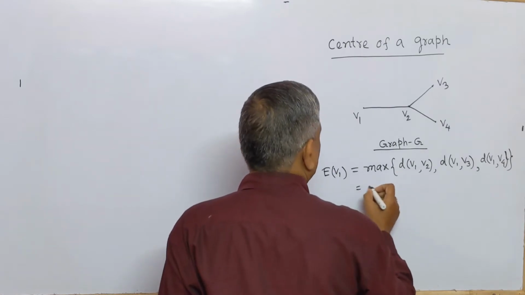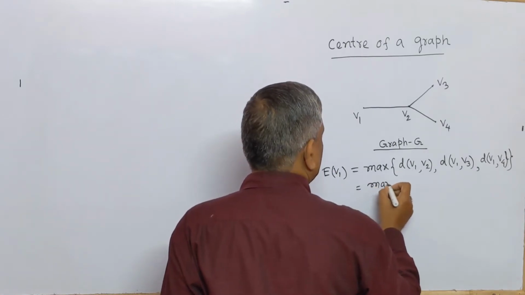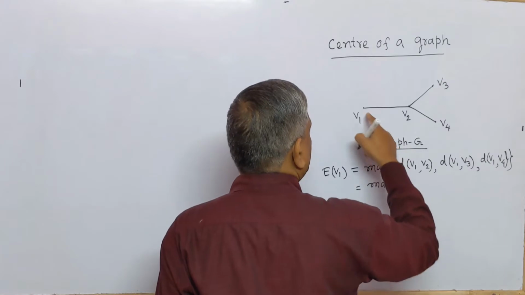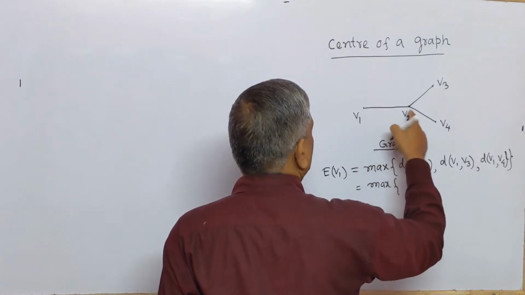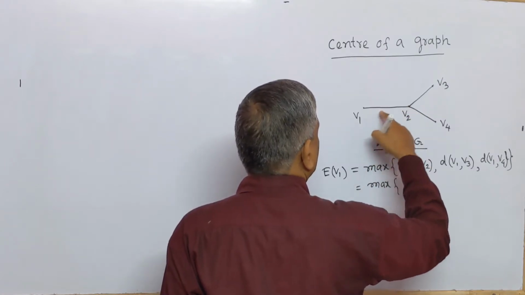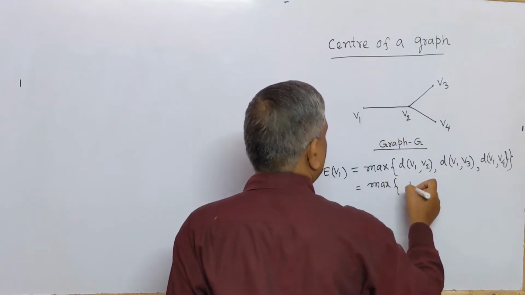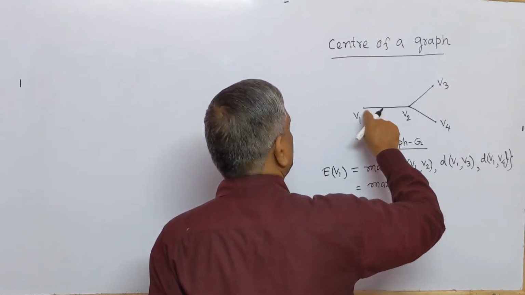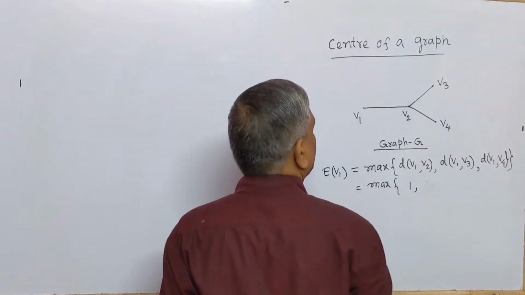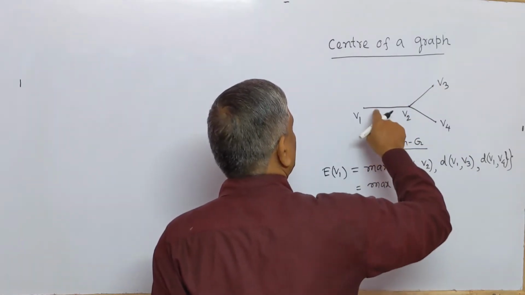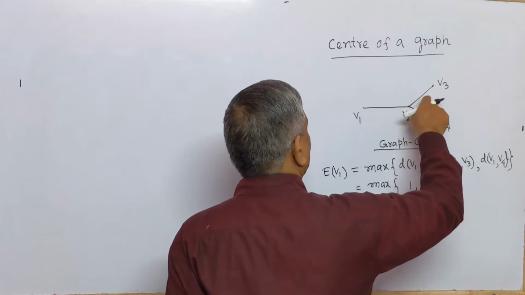This equal to maximum of d(V1, V2). Here we have only one edge, so distance between V1 and V2 is 1. Distance between V1 and V3, here we have one edge and here one edge.